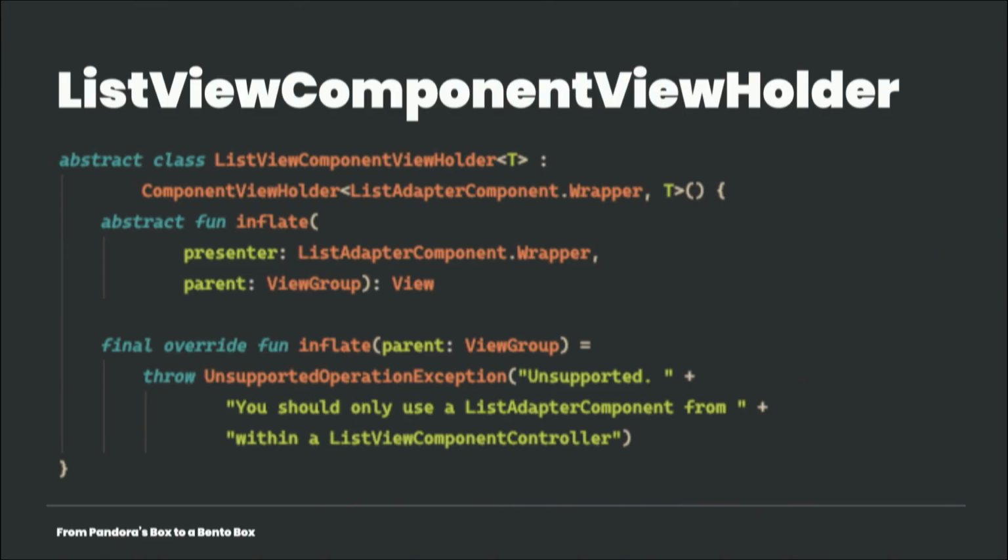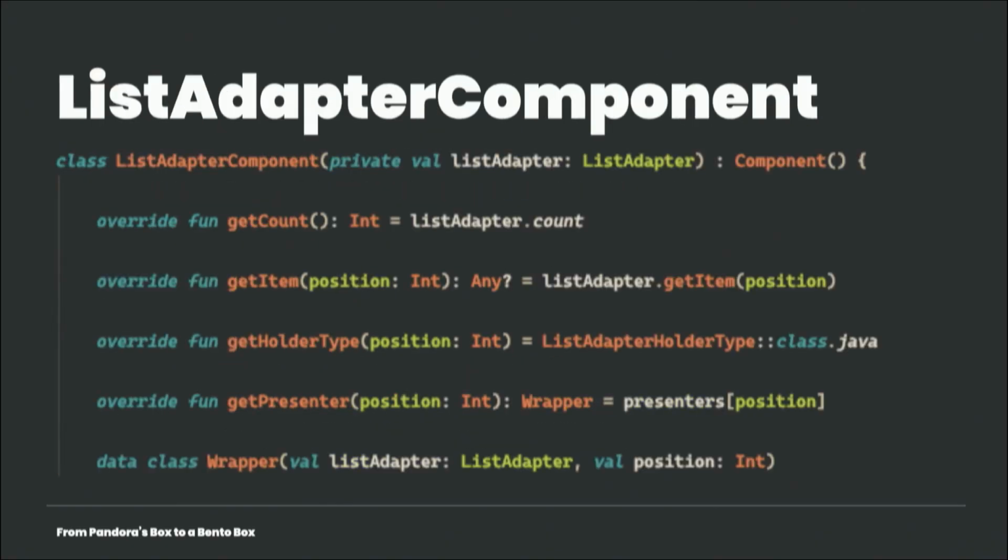It's a very small hack, but it allows for a lot of power because we don't have to think about anything when we have our list adapter component. We just create a new list adapter component, provided our legacy list adapter, and then everything is handled for us. We don't have to do anything.